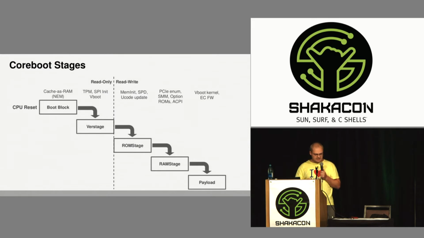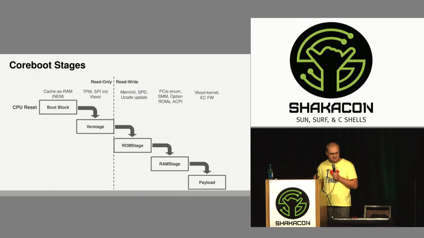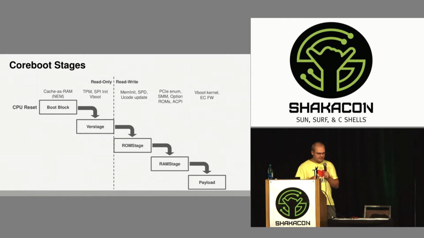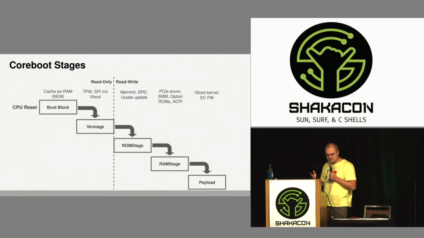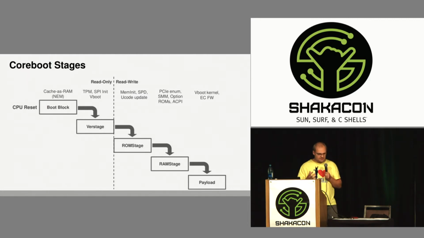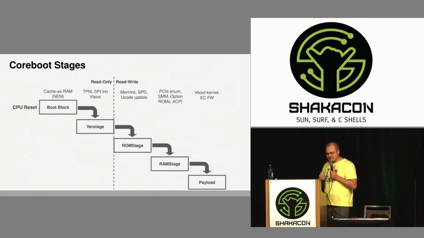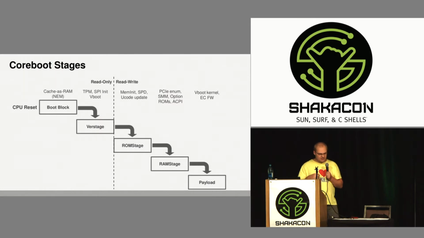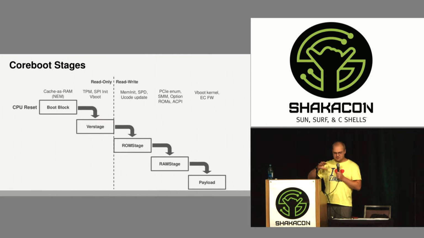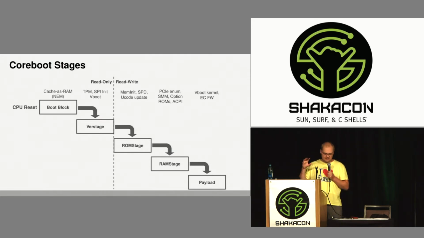So as we see here, we have an entire root of trust, which starts somewhere in the boot block and the verstage. But how are these two stages protected? Can an attacker override them? They are supposed to be in read-only memory. All of these stages exist in the SPI chip in different modules in different regions.